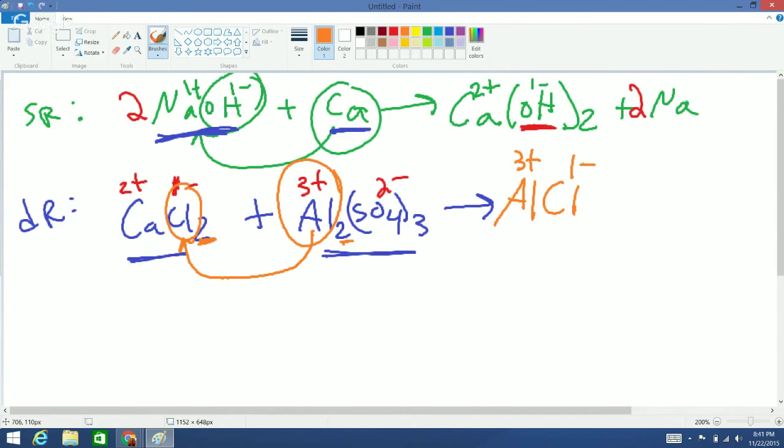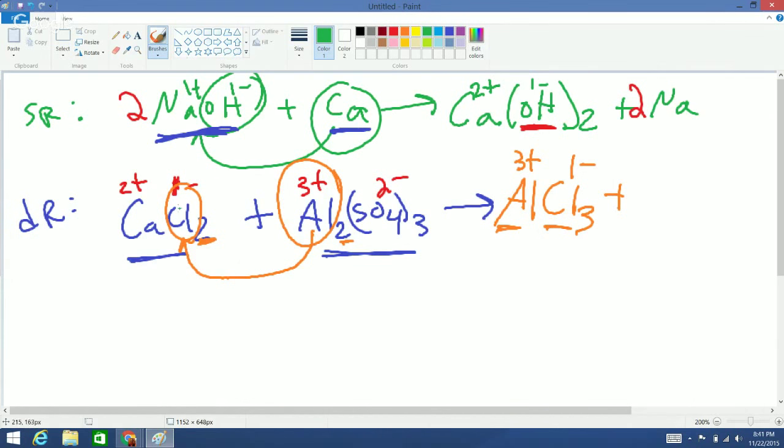Remember, in solution it's not that the 2 Als are stuck together. It's that one Al is swimming around by itself and the other aluminum is swimming around by itself. They're not really attached, so I don't want to take both of them with me. I'm going to take one of each ion, aluminum 3 plus and chlorine 1 minus. Now I can see that 3 plus and 1 minus aren't so good, so I'll have to put a 3 there to make it balance out.